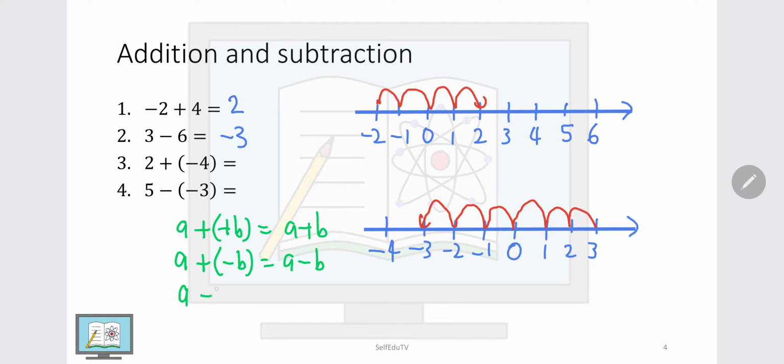A minus a positive b will be a minus b as well. If a minus a negative number, then it will be a plus b. So try to recall this rule to answer the third and the fourth.